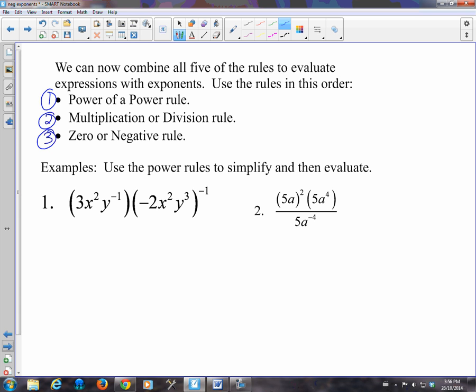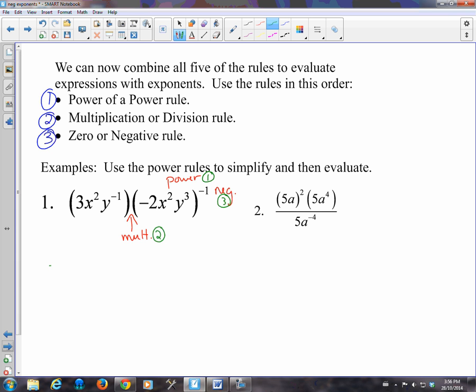So if I look at a more complicated example where there's a whole bunch of rules, I look at this one and I see that I have multiplication. I've got a power rule because I have a power to a power, and I have a negative exponent. I want to do the power rule first, the multiplication second, and the negative exponent third.